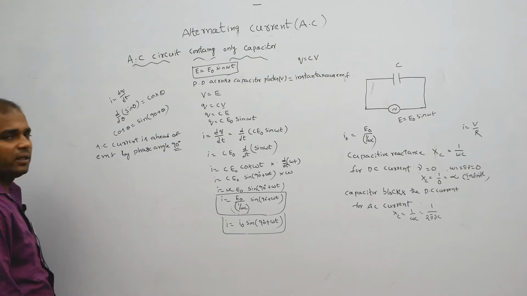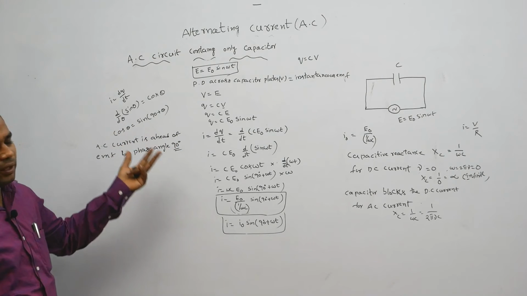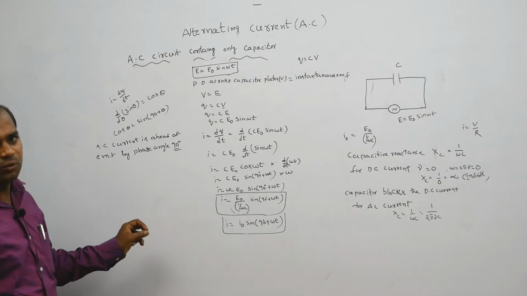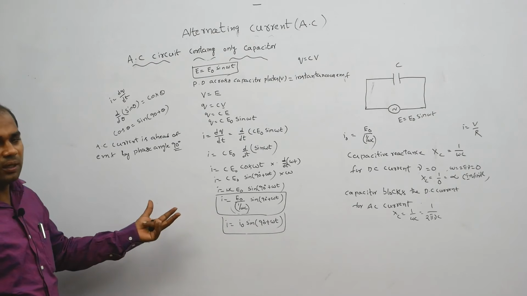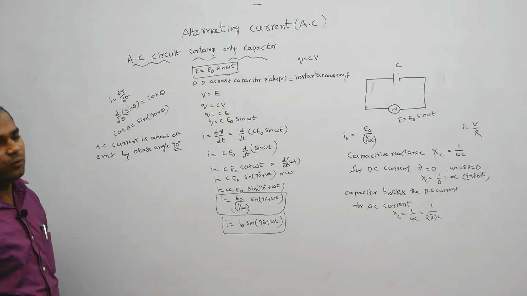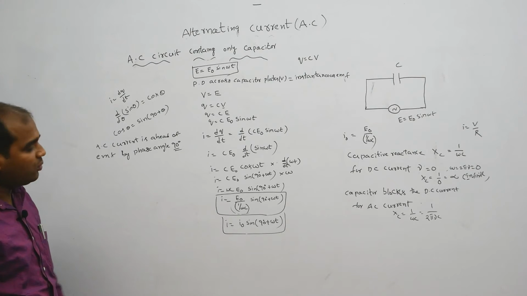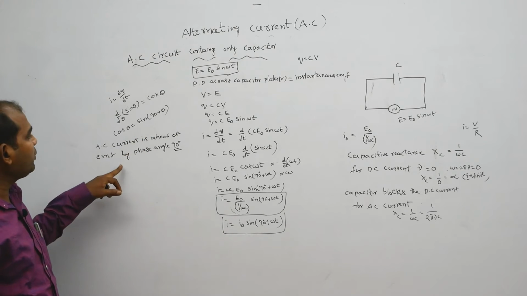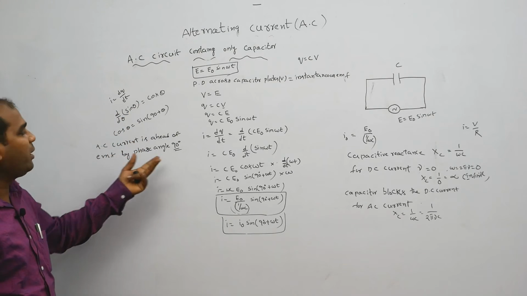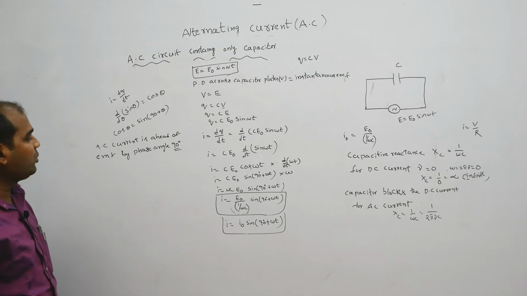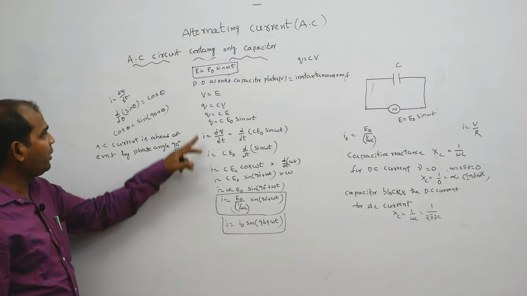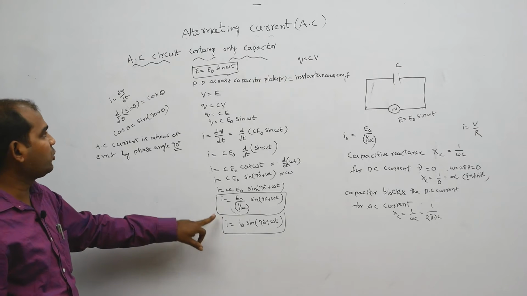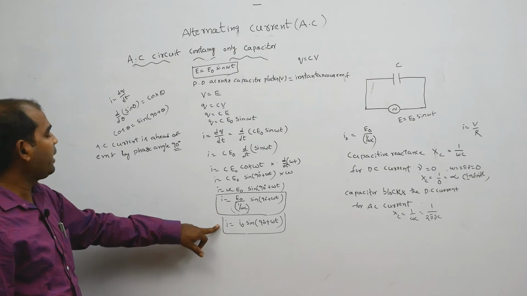In both the inductor circuit and the capacitor circuit, the phase difference is 90 degrees only. But which one is lagging and which one is ahead, we need to understand. In the inductor circuit, the current is lagging behind. In the capacitor circuit, the current is ahead of the EMF by phase angle 90 degrees. In this way we easily understand the phase difference, which one is lagging and which one is ahead.